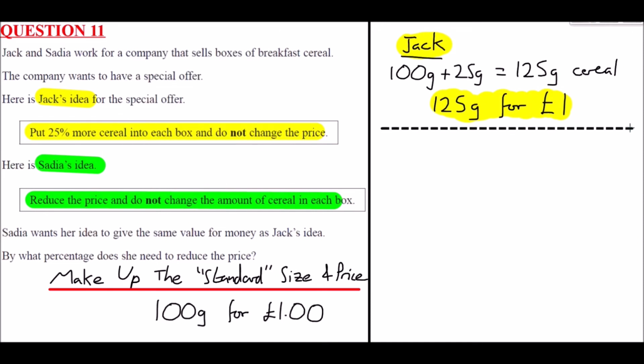So Sadia's wanting to reduce the price, but to not change the amount of cereal in the box. But she wants her idea to give the same value for money as Jack's idea.